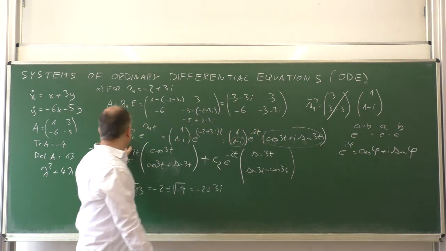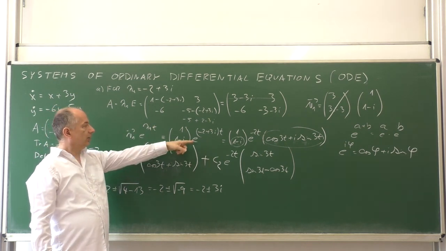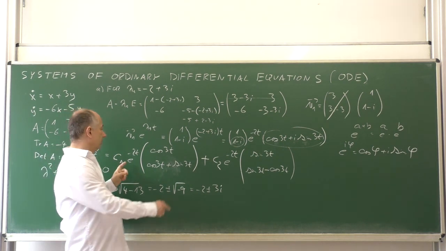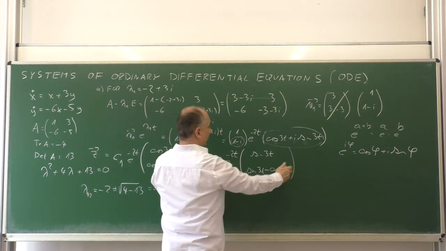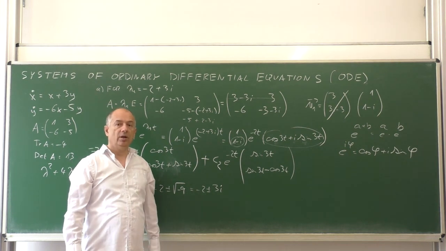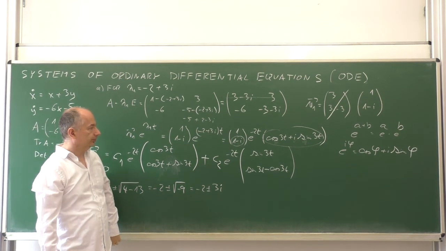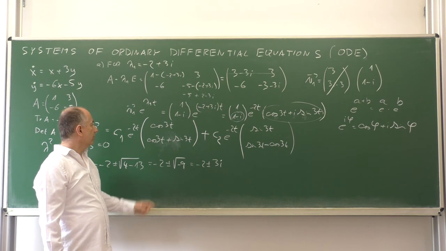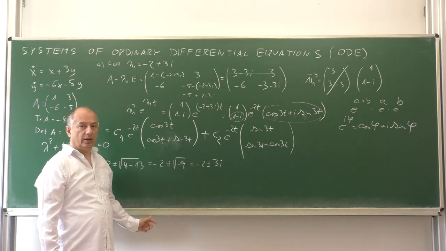And then having the eigenvector and eigenvalue, this is the solution. Using the numerical values, we can write the expression. And then we build the real part of this complex solution. We build the imaginary part, and the general linear combination of them is the general solution, which is real, to the original system. And having the initial condition, we can find the values for the integration constants C1 and C2.